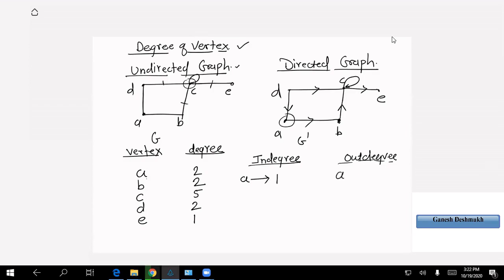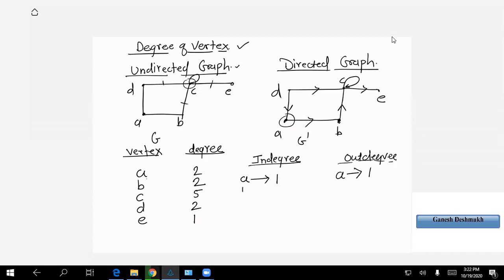At the same time, there is only 1 edge going out from vertex A, and hence out degree of vertex A is 1. Out degree means the number of edges coming out from the vertex. In degree means the number of edges coming at the vertex.